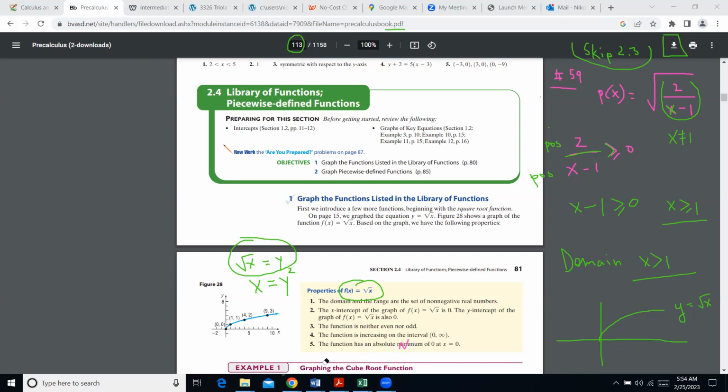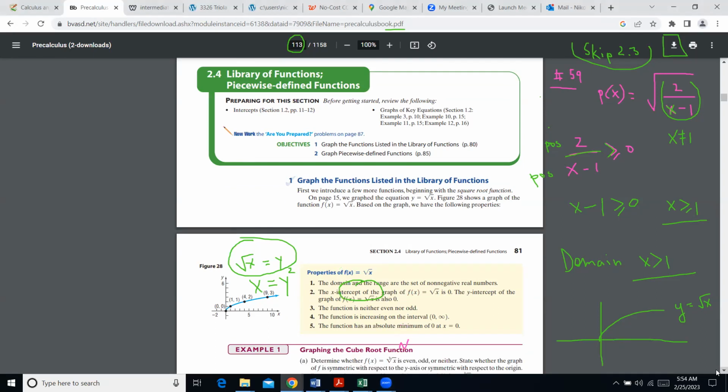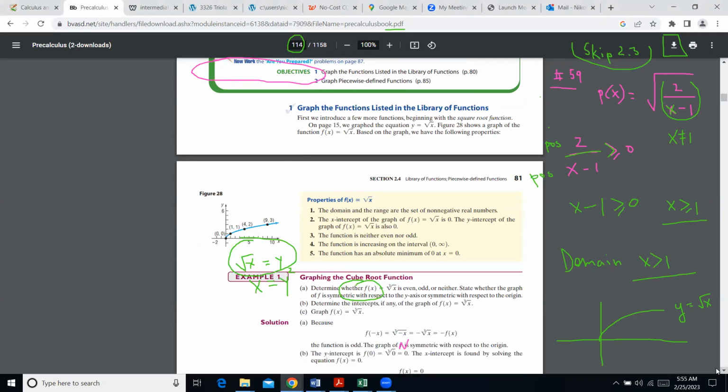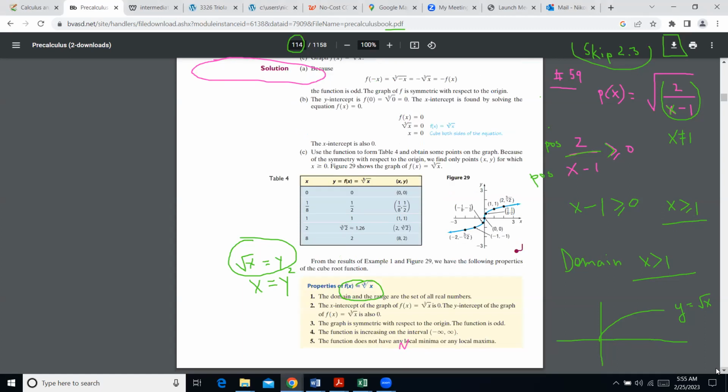So we are kind of artificially turning this into a function, so we can put it in our so-called library of functions. That's how this section is called, library of standard functions. And one of them is a half of a parabola, the square root function. It turns out that a friend of it is the cube root function.